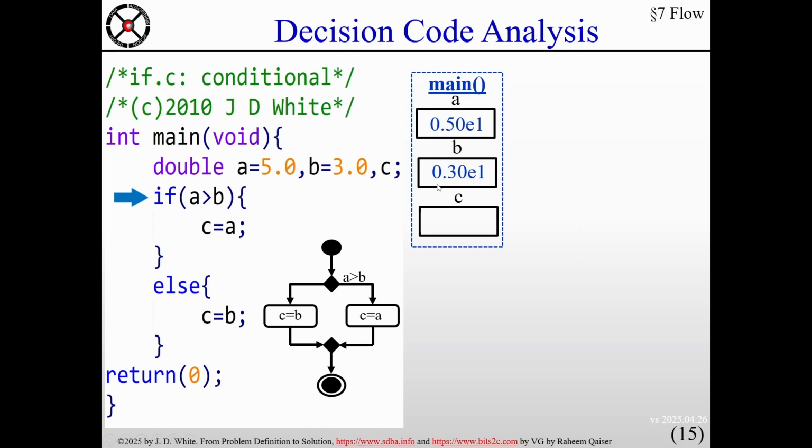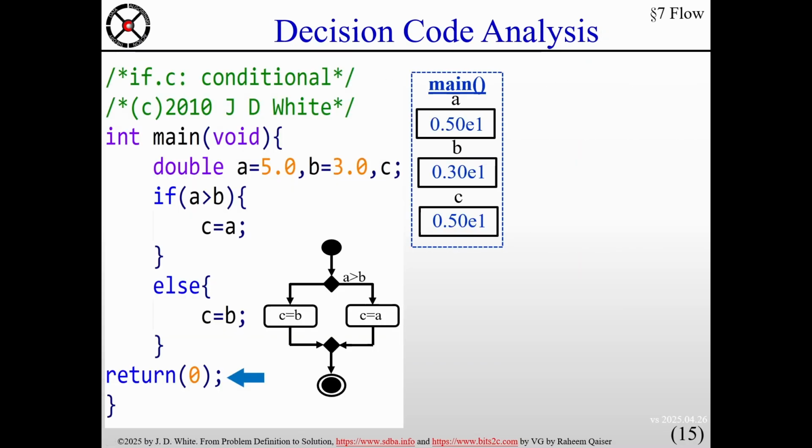Yes, it is. So in this case, I'm going to take this route and make C equal to A. So the first condition is executed, and the value of container A is put into container C. We then jump down to return. We do not do the else statement. The else statement is skipped, and we return.